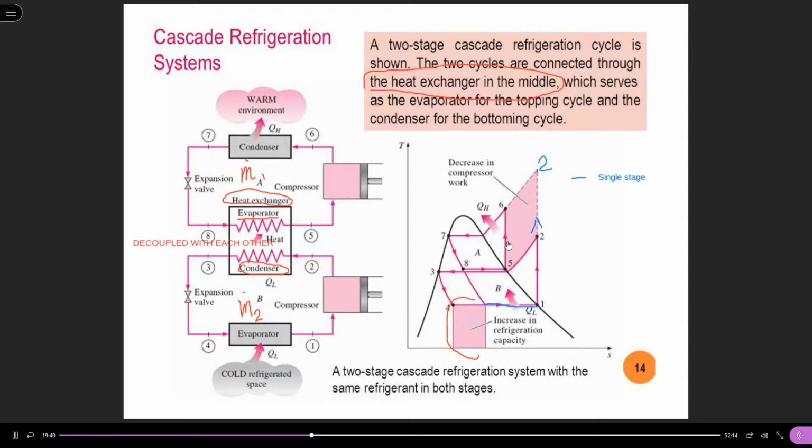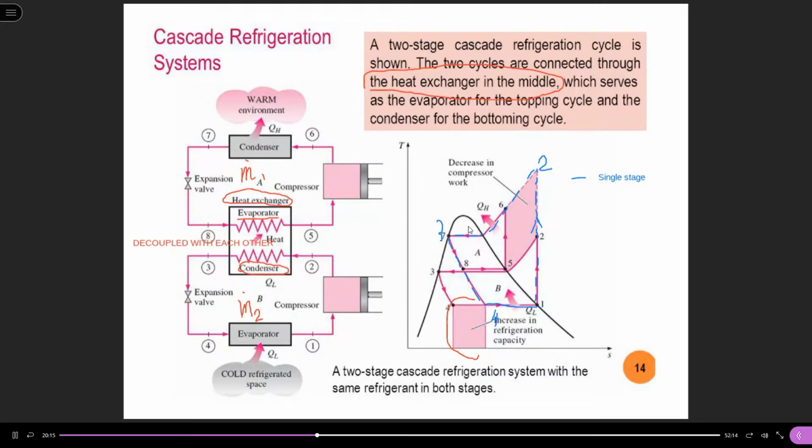I just simply show this is for single stage, the blue lines I want to show you.